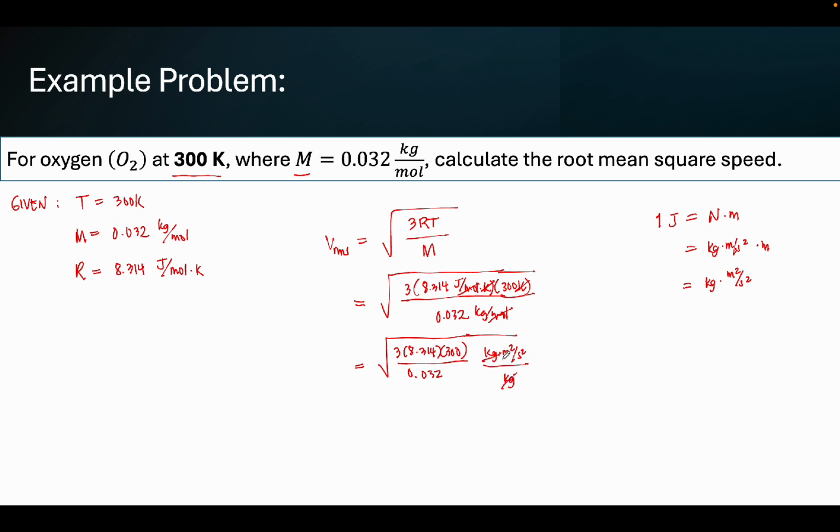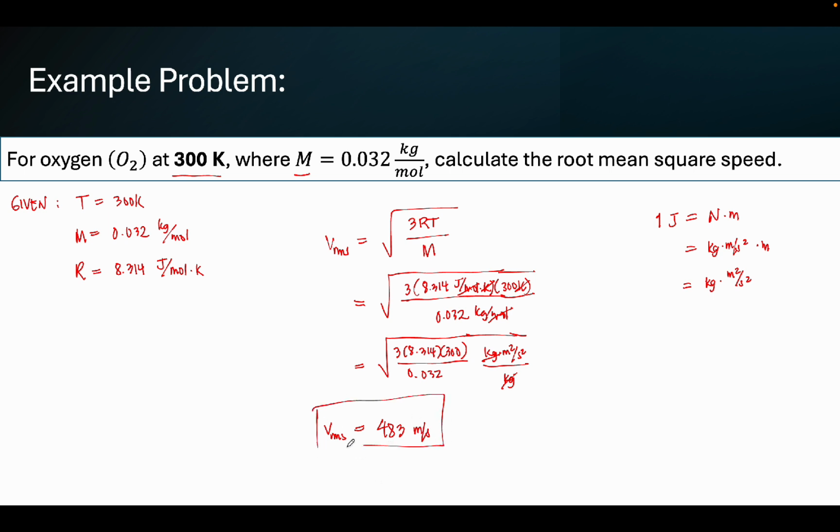So kilogram cancels out, and we have meter squared per second squared. Since it is a square root, the unit for the root mean square speed is in terms of meters per second. If we calculate this, we arrive at the answer of 483 meters per second, or approximately equal to 483 meters per second.